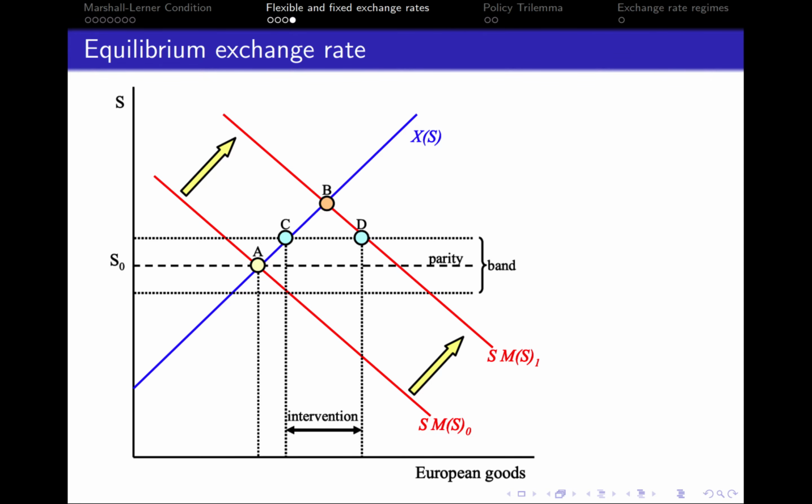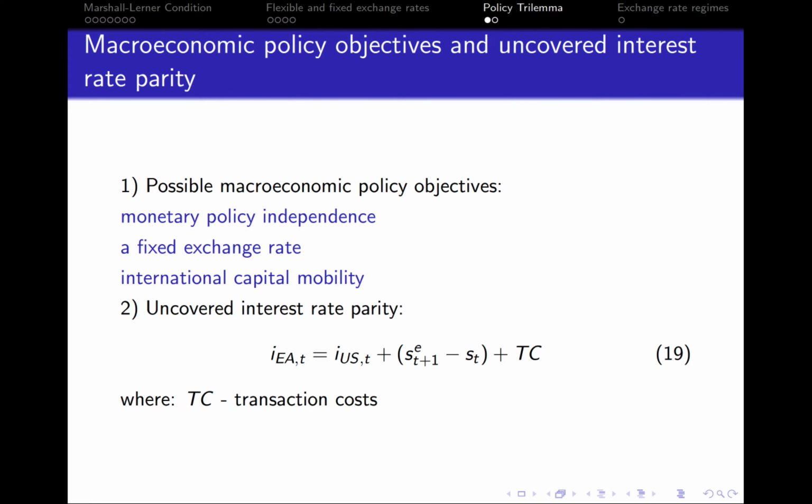Look, of course, if we want to keep it at exactly level zero, we would just have to sell more dollars to keep the exchange rate at the initial level. Okay, so now that we understand how this intervention can be performed, let's move to policy trilemma.